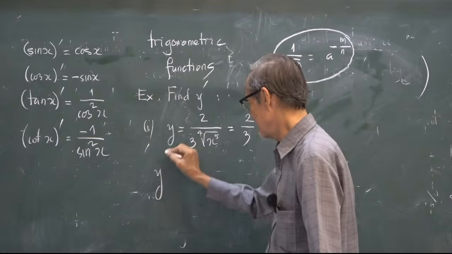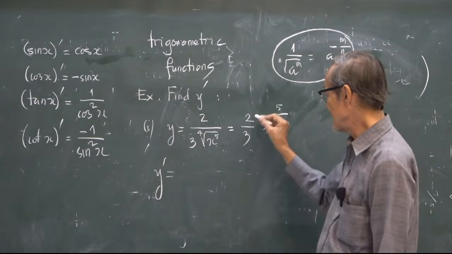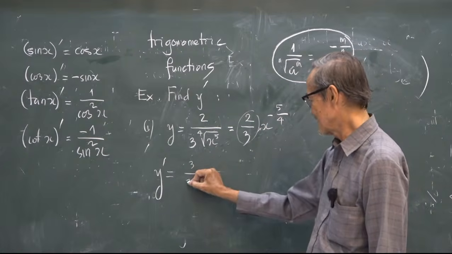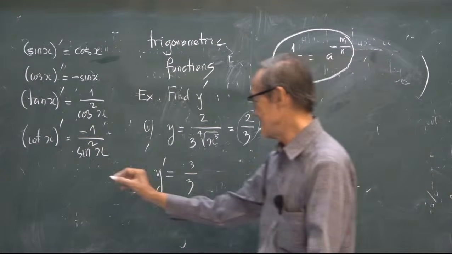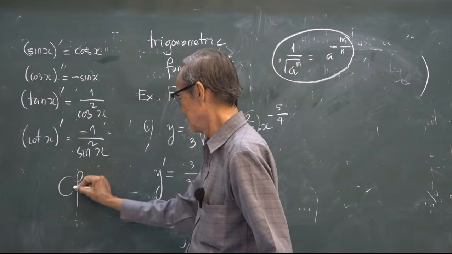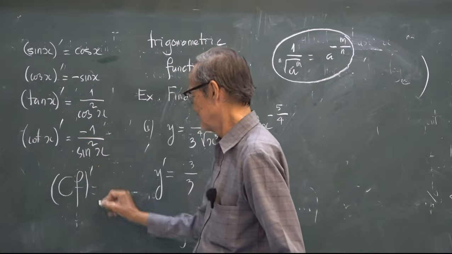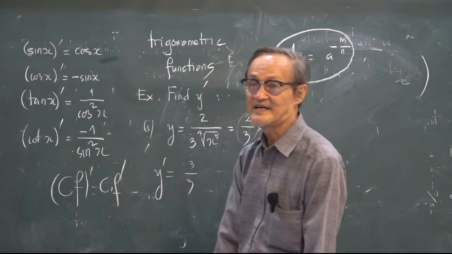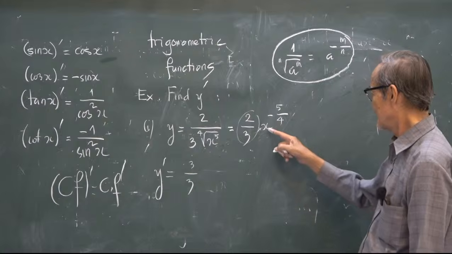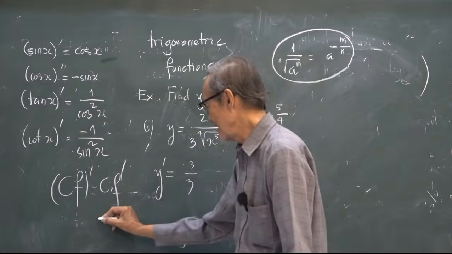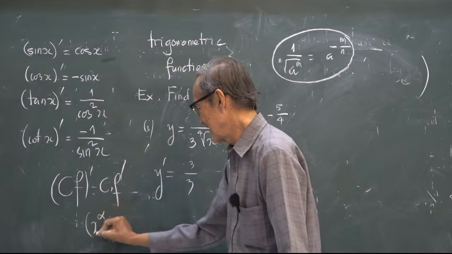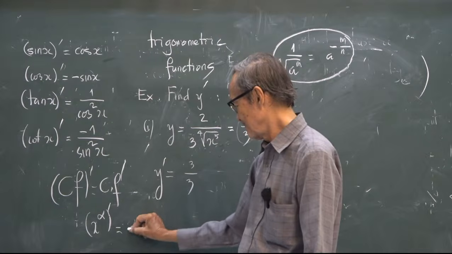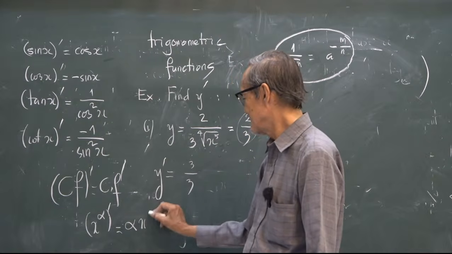So y prime: this is a constant times a function, c times f, so we rewrite the constant and take f prime. For f we use the formula: the derivative of x power a number equals the number times x to alpha minus 1.